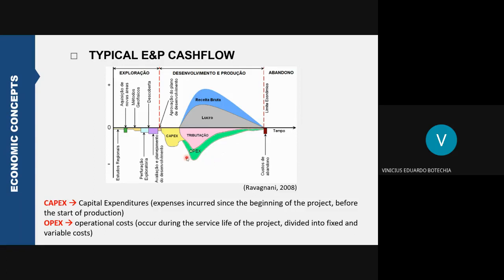take off the OPEX and the tax, and you have your profit, right? What is the OPEX? OPEX are the operational costs that occur during the life of the project and can be variable or fixed. Fixed costs are like the man-hours; their expense does not change regarding the production. Now, the variable costs will change regarding the production.